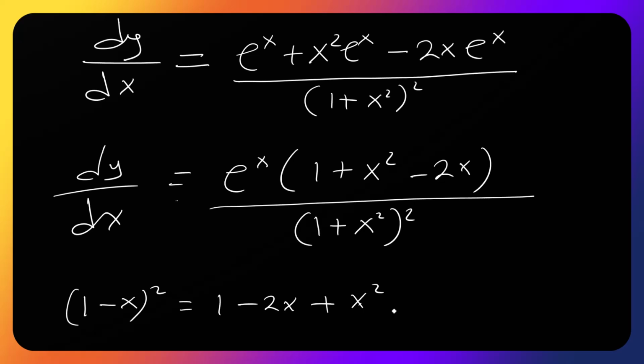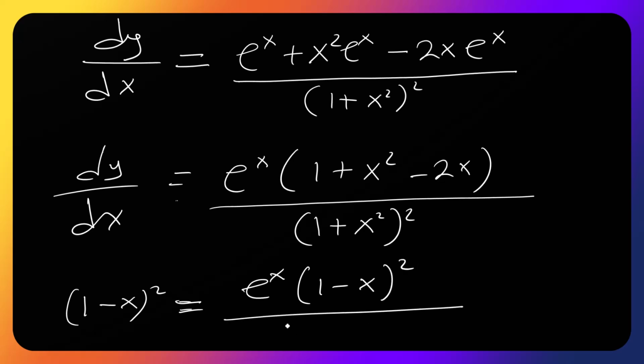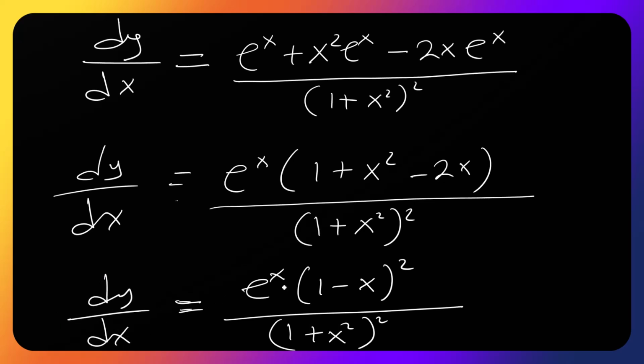So in place of the numerator, I will say e to the power x times 1 minus x all squared, over 1 plus x squared all squared. So this side will be dy/dx.